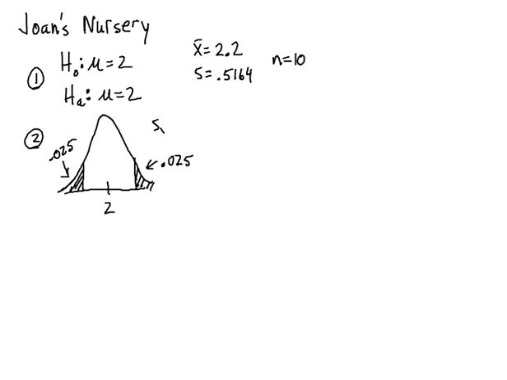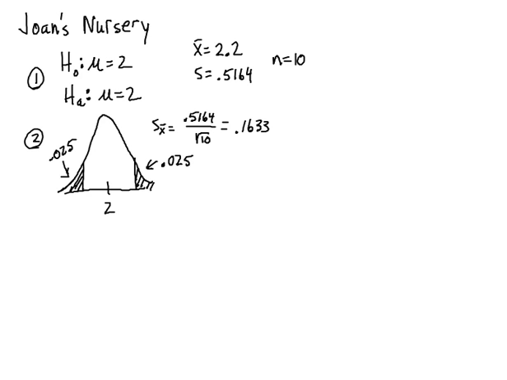And to calculate a standard error, all we have there is the sample standard deviation, and then we divide by the square root of the sample size 10. So putting that in the calculator, I get 0.1633.